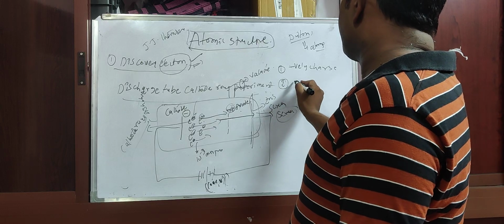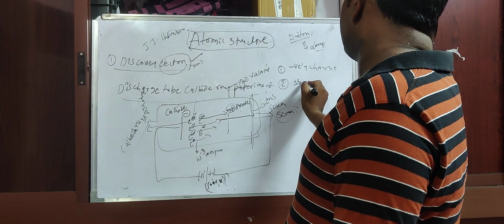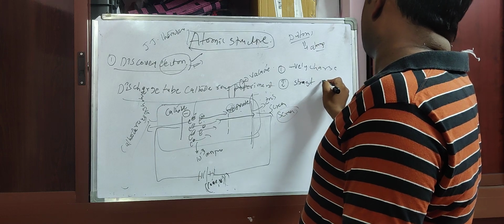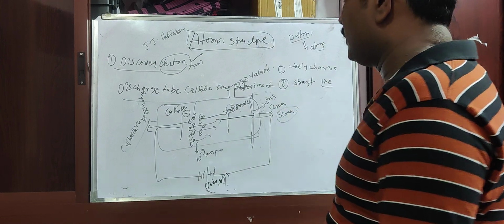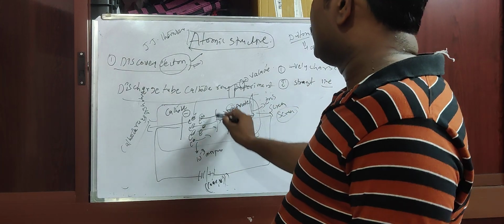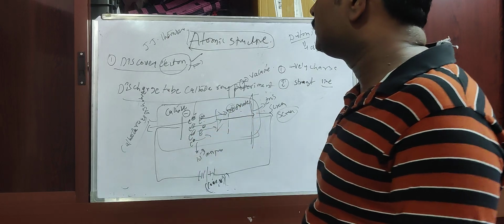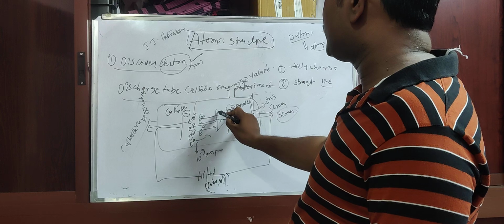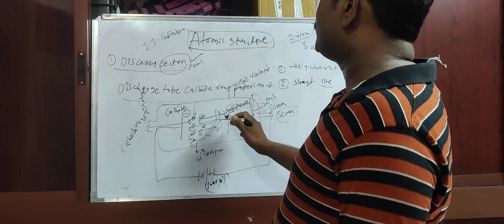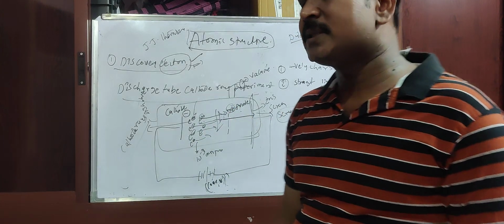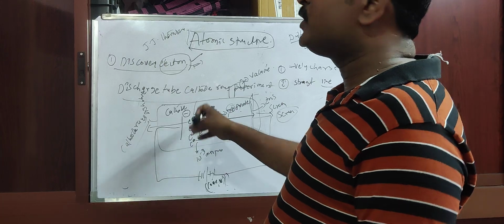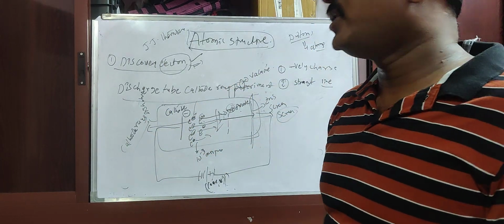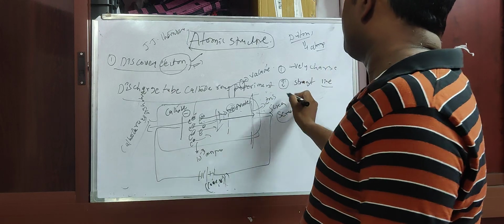Second, they travel in a straight line. Why? Because if you put any opaque object, they form an image on the other side. An opaque object does not allow the rays through, so they form a shadow image. That's why they travel in a straight line.